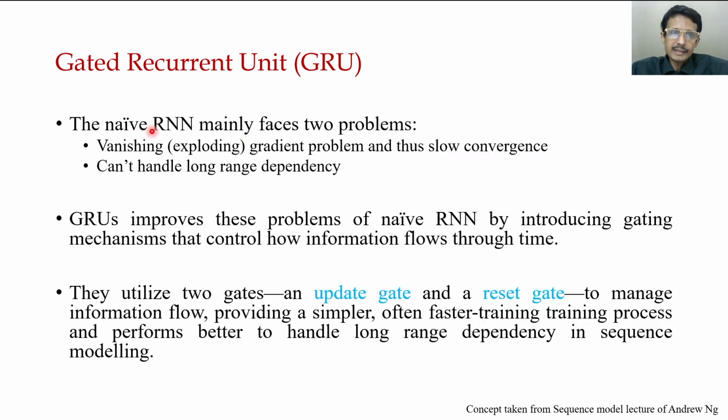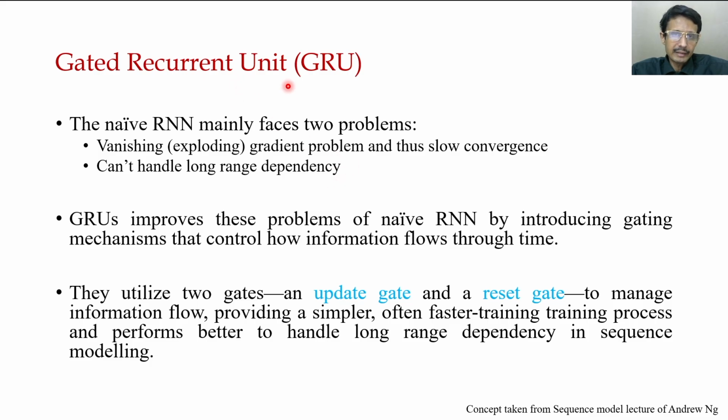Now, the naive RNN mainly faces two problems that we have discussed. One is the vanishing gradient problem, which makes the convergence very slow, almost stopping for the initial layers, and for this reason it can't handle long range dependency, and it is called the long range dependency problem.